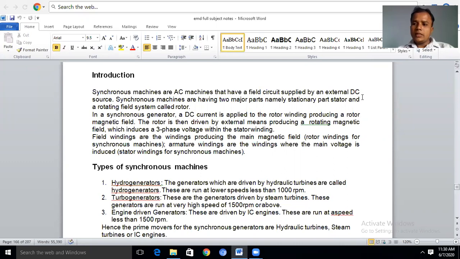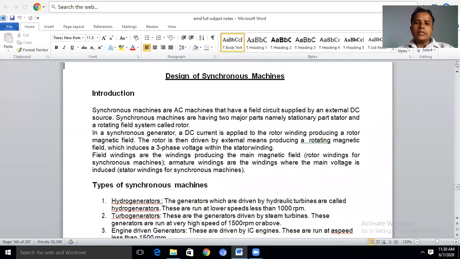So here I will start with the design of synchronous machine introduction. In order to discuss the synchronous machines, let us have a definition of that synchronous machine. What is synchronous machine? Synchronous machine is nothing but a particular machine which generates electricity in synchronism with the other systems or other machines which already exist in the particular network.